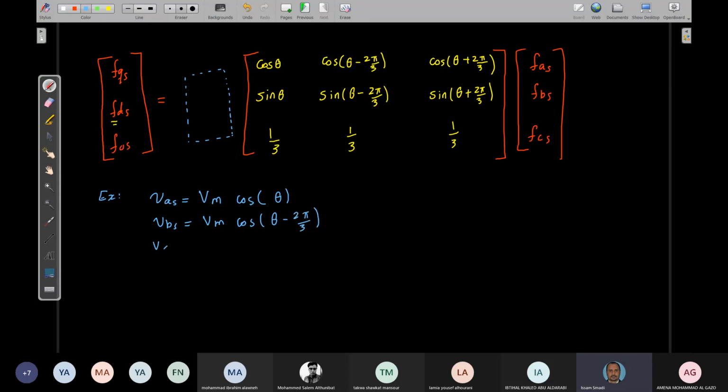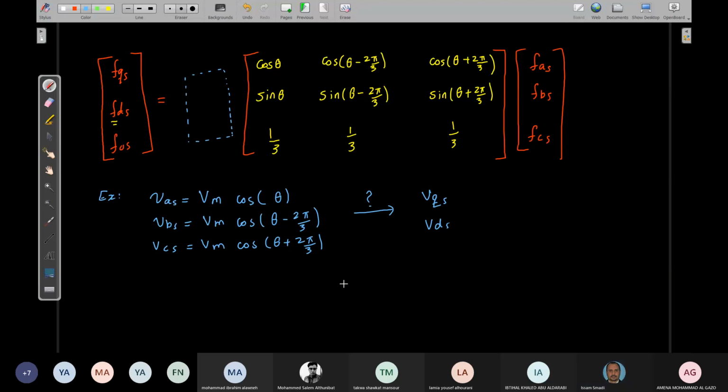And we have VCS, which will equal VM cosine theta plus 2 pi over 3. And I need to find the VQS and the VDS.